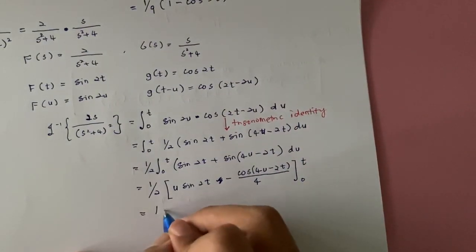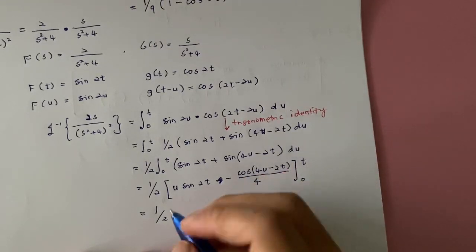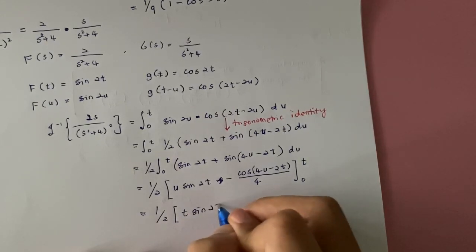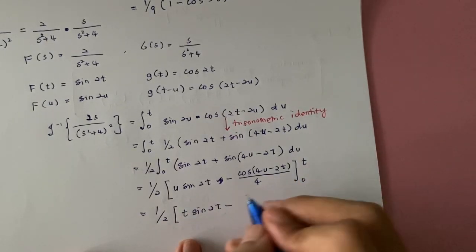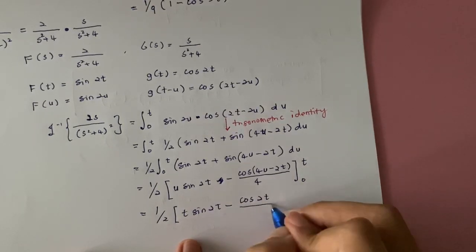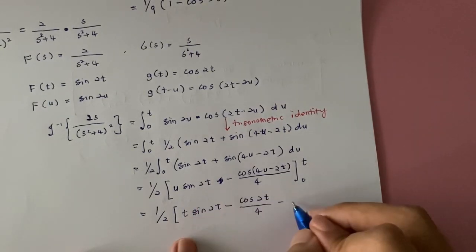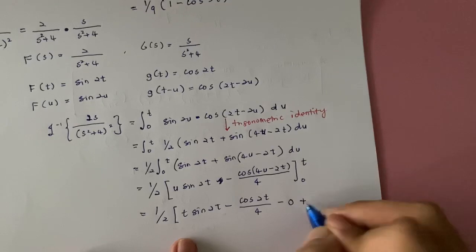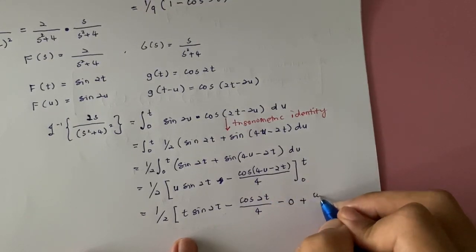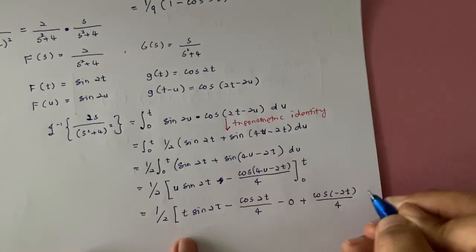Next, substitute your u with t. So here you have t sine 2t minus cos 2t over 4, then minus 0, plus, substituting u with 0, you have cos of minus 2t over 4.